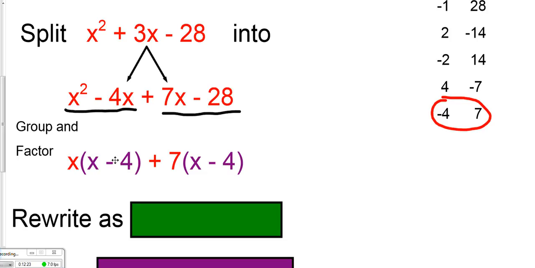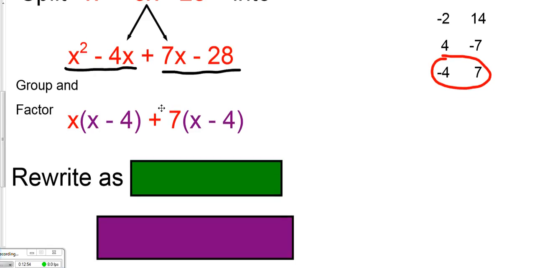So we group them together and we start factoring. Out of these first 2 terms, I can take out x. Out of these second 2 terms, I can take out 7. Now, the reason I took out 7 and not a negative 7 is because when I took out x over here, this group was left with x minus 4. So I needed to make sure this one was left with an x minus 4. So these two are the exact same thing, x minus 4 and x minus 4.